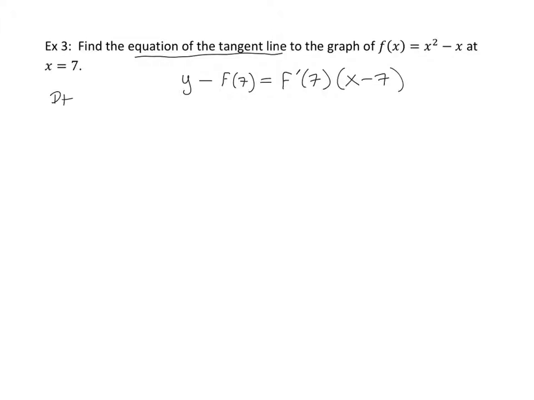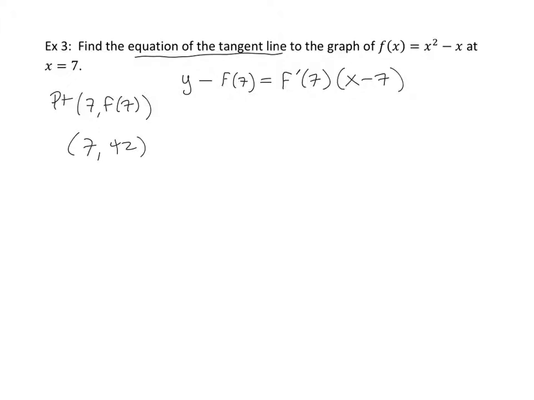The point on the graph is 7, f of 7. If you plug in 7 into f, you get 7 squared minus 7, which is 42. So our point is (7, 42).